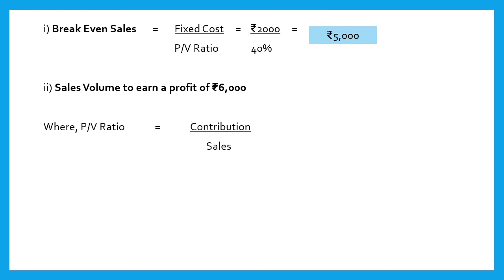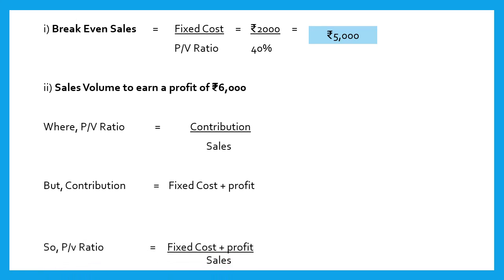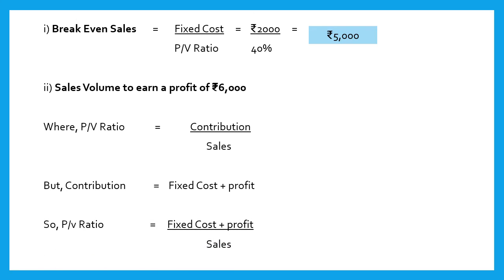Okay. Now second, sales volume to earn a profit of rupees 6,000. We again know the formula as PV ratio is equal to contribution upon sales. But we can say that contribution is equal to fixed cost plus profit. So PV ratio is equal to fixed cost plus profit upon sales.